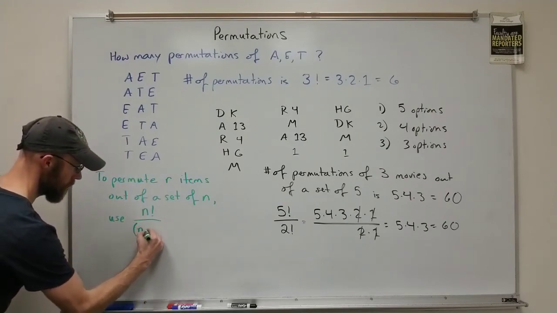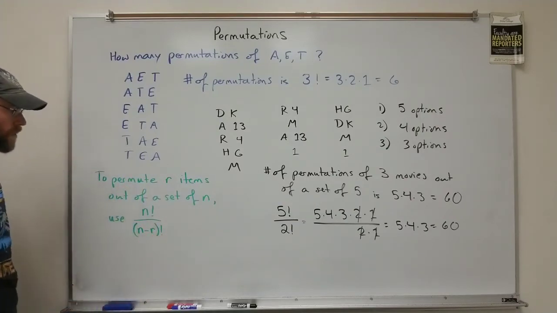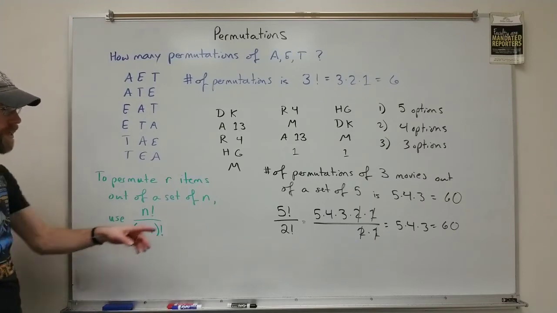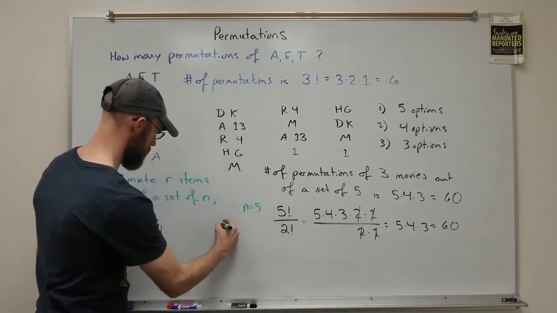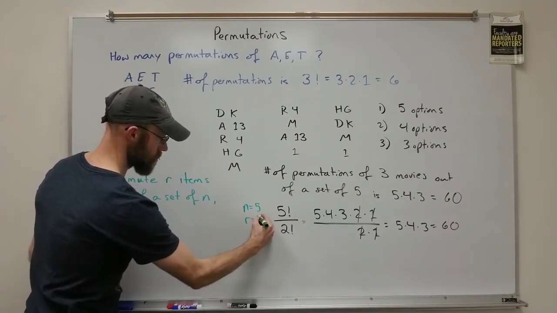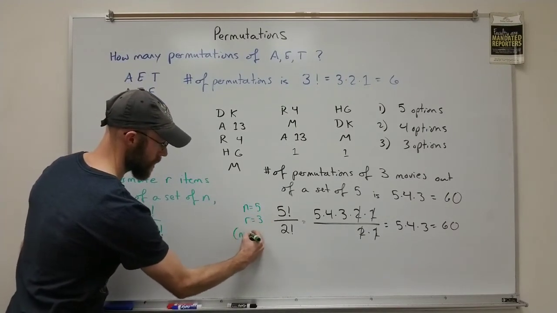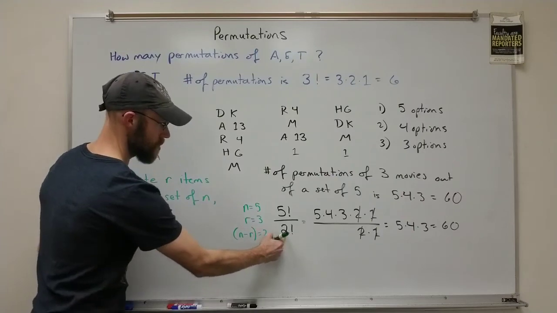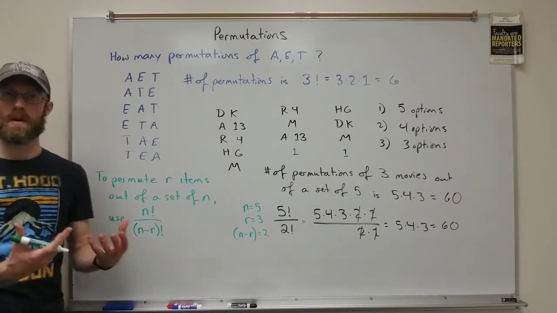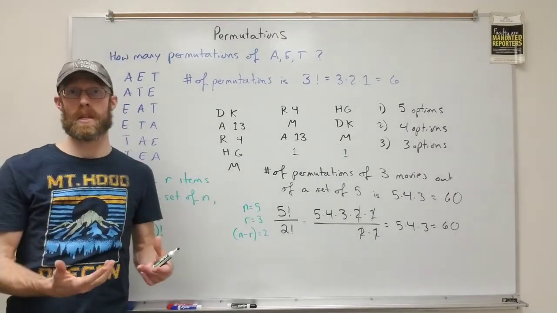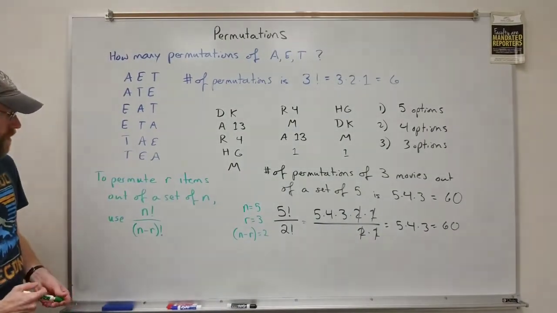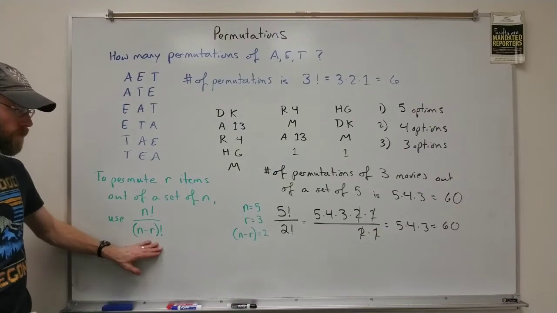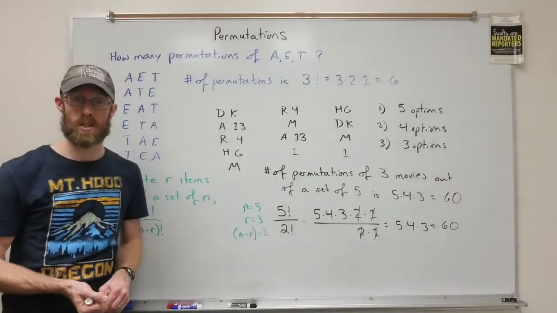So it's n minus r factorial. Right, so in our case here, n is 5, r is 3, so the quantity n minus r is equal to 2. It's the remaining leftover stuff that's not being used getting divided out. Okay, so that gives us then a formula for the number of permutations.